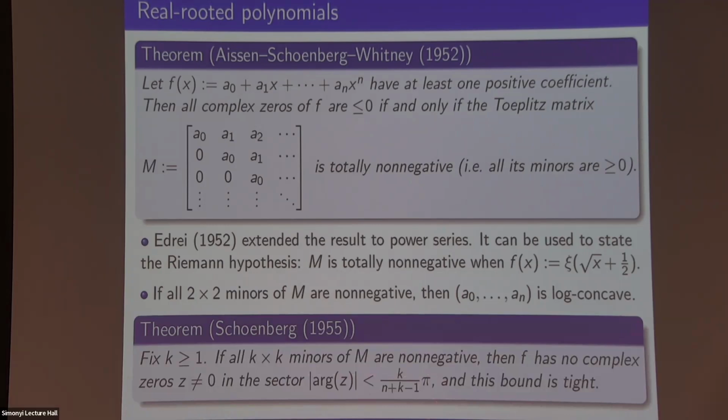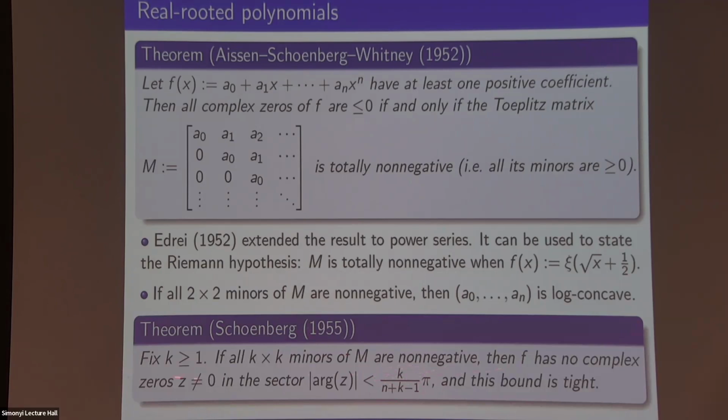And the bound here is tight, so this sector can't be enlarged. And so what's going on here is that as the minors get bigger, as K goes to infinity, this sector will widen and actually encompass the whole complex plane except for the negative real axis.